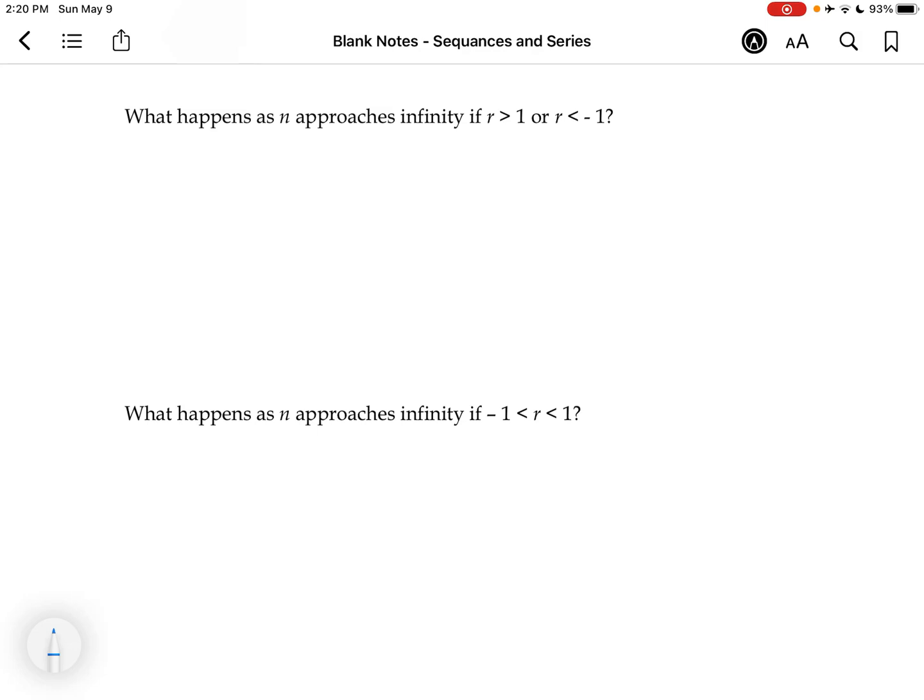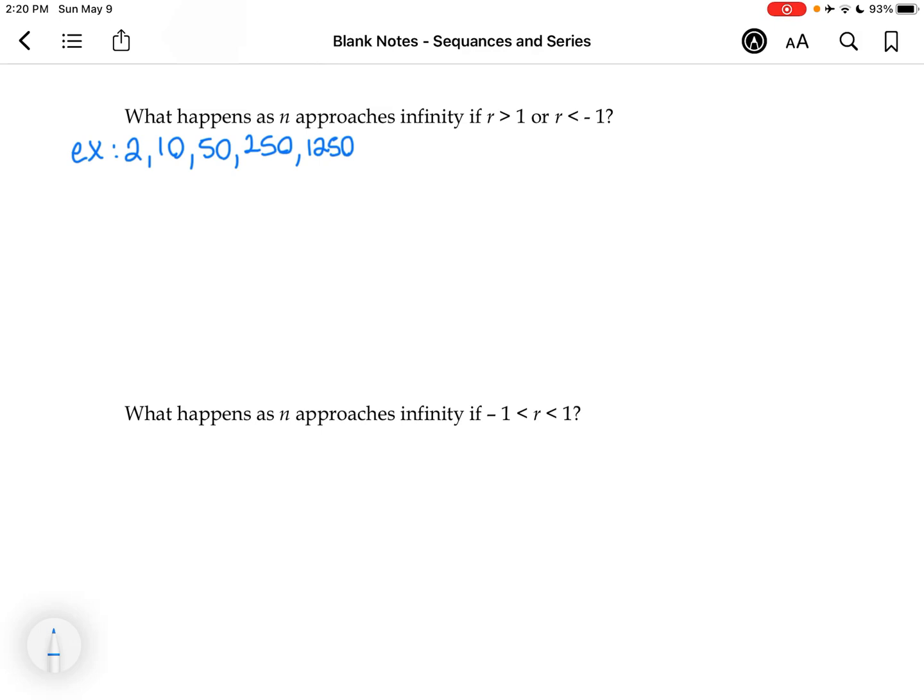Let's take a nice easy example where we have 2, 10, 50, 250. You can see what I'm multiplying by is 5. 250 times 5 is 1250.